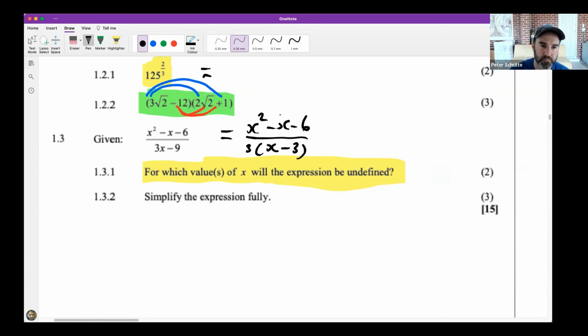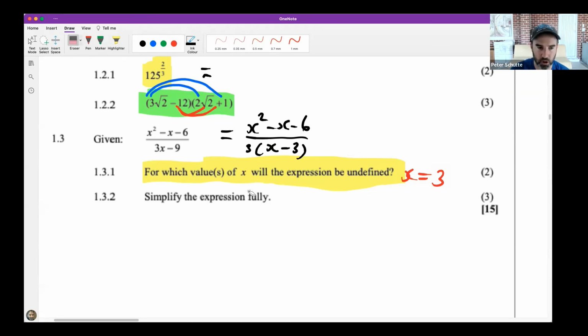Well, I think that this will be 0 when x is 3. So basically, if that x was 3, then eventually you're going to have 0. So for which values of x? When x is equal to 3.